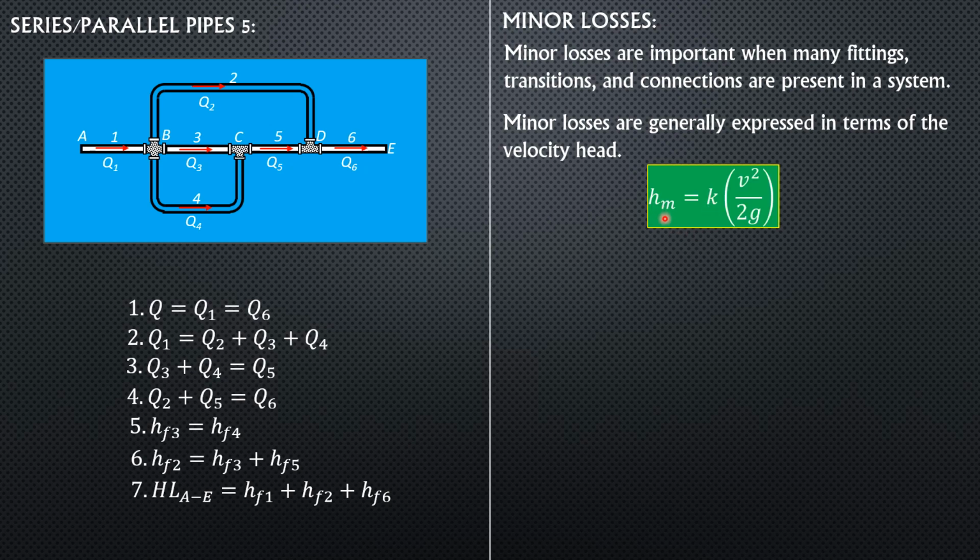The head loss due to minor loss is generally expressed in terms of the velocity head, and there is this important coefficient called loss coefficient. The loss coefficient depends on the type of transition or fitting installed in the system. So that's it.